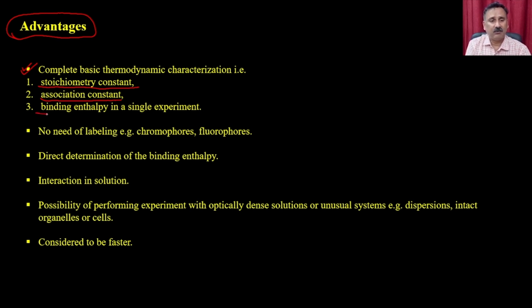It can give you the binding enthalpy in a single experiment. And most important is there is no need of labeling. That is, the chromophore or fluorophore is not required. So without the help of a chromophore or fluorophore, you can determine whether the ligand is binding to the enzyme or not.